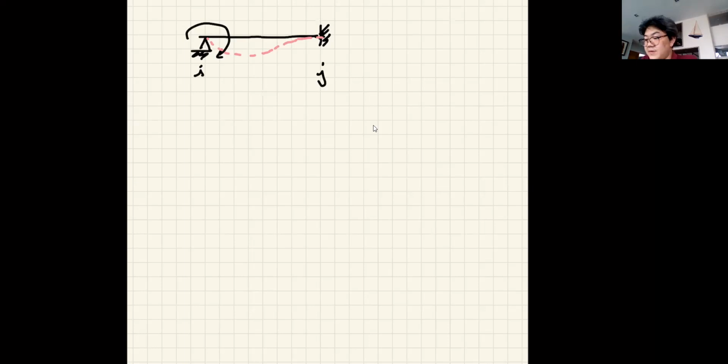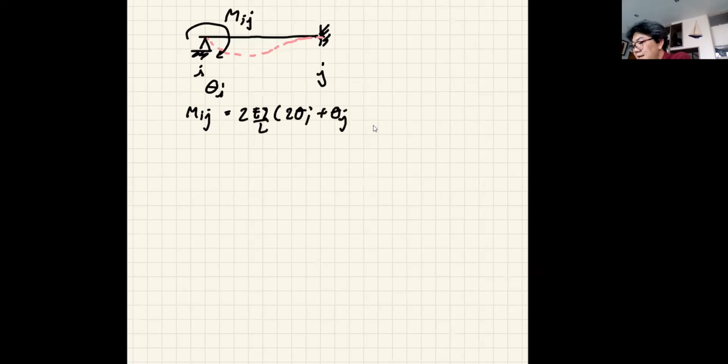So J will be fixed this time. And so you have zeta I and you have MIJ. I can write down MIJ by using my slope deflection equation. So it's going to be 2EI over L, 2 zeta I plus zeta J, minus 3 psi, plus fixed end moment IJ.